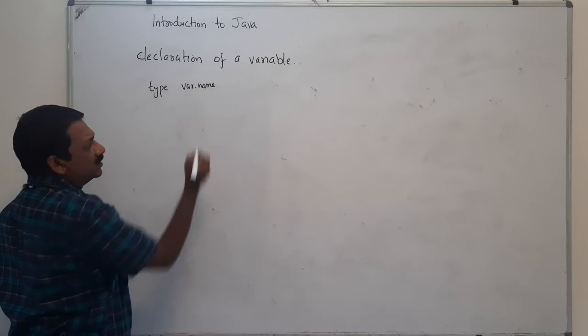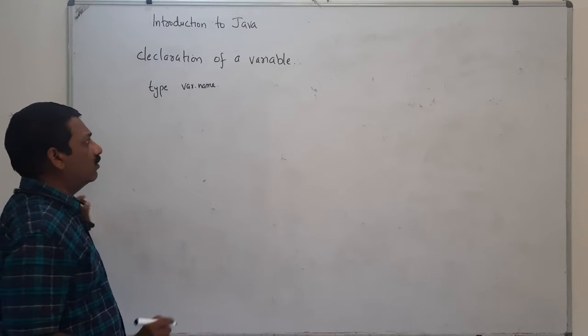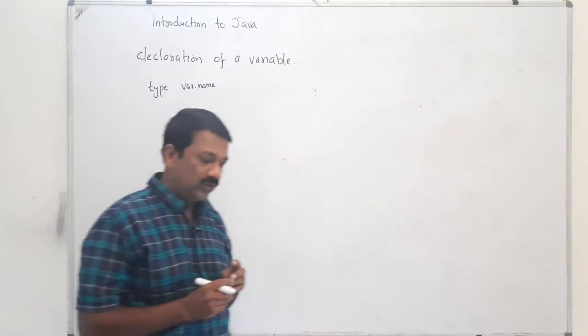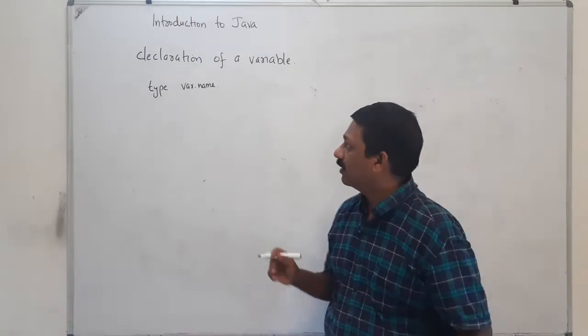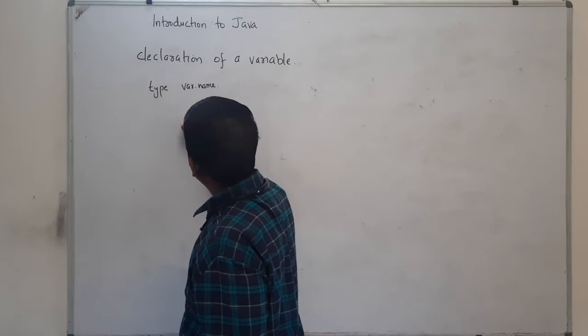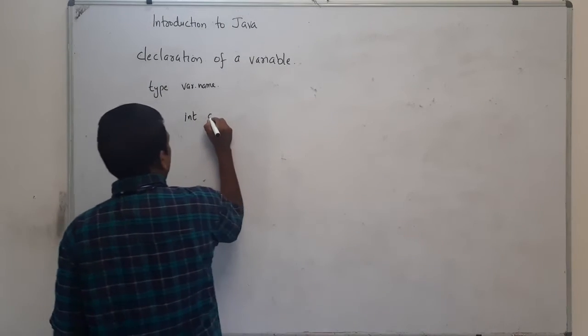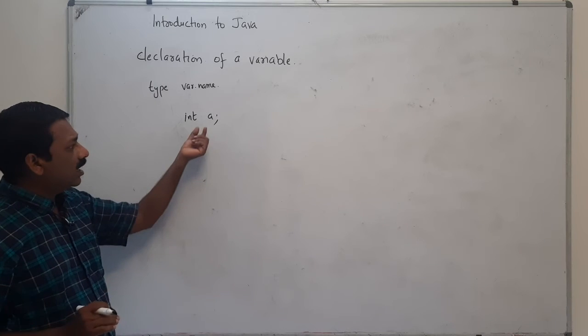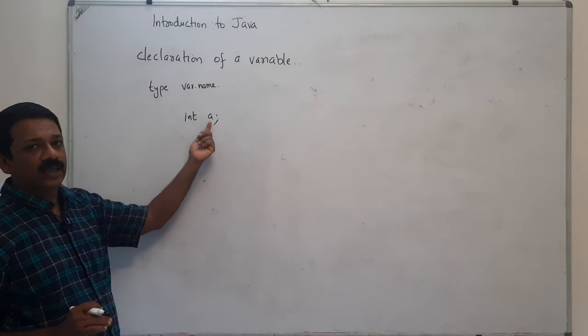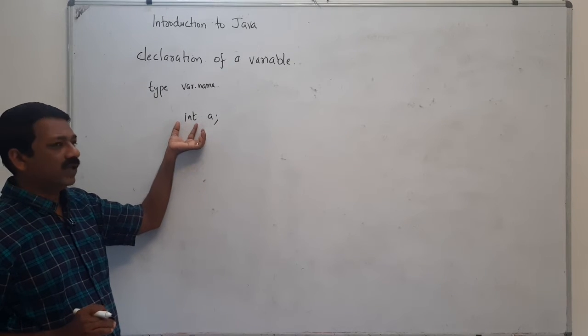This is the syntax. For example, if I am going to define a variable a as an integer value, then I am going to have int a. Int a means here I have declared a variable a and it is of type int.